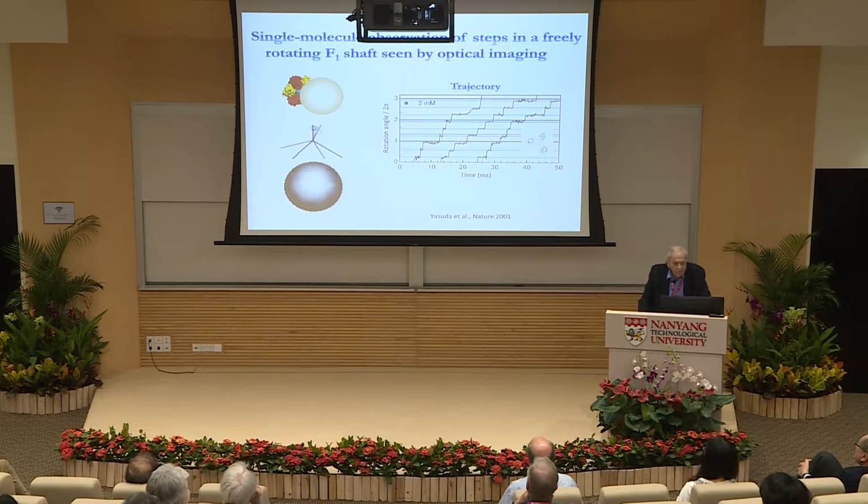And here's an example of the data that comes out of it, the rotation angle versus time as inferred from this optical data. And you can see that it's moving in steps. This gave direct observation of the idea that the motor moves in steps, and doesn't just continually rotate. And you learn something from the steps. You learn about rates and what have you. So it's an example of one of these single molecule techniques that give you data that you could never have obtained in the older days.